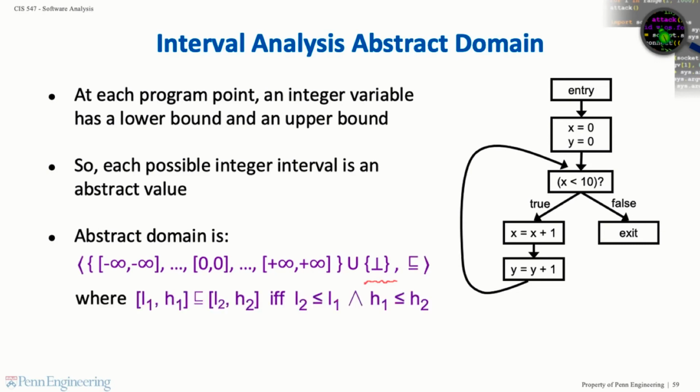The interval values are partially ordered by inclusion. An interval with lower bound L1 and upper bound H1 is at least as precise as an interval with lower bound L2 and upper bound H2 if and only if the former is properly contained in the latter, that is, L1 is greater than or equal to L2 and H1 is less than or equal to H2.